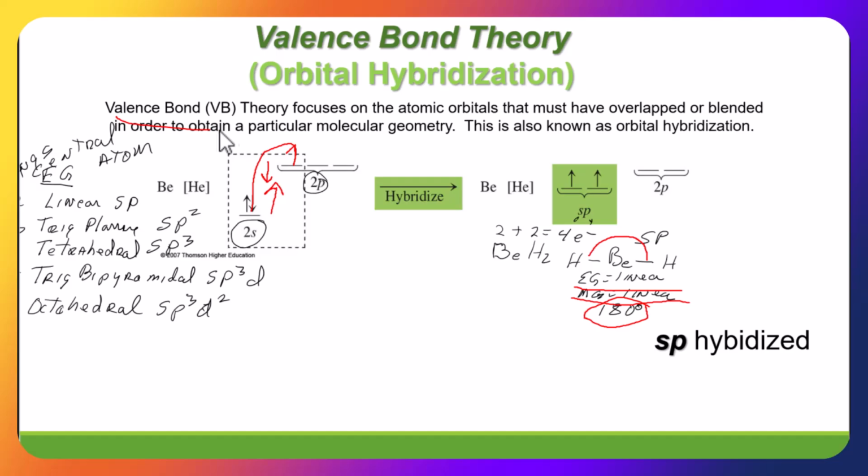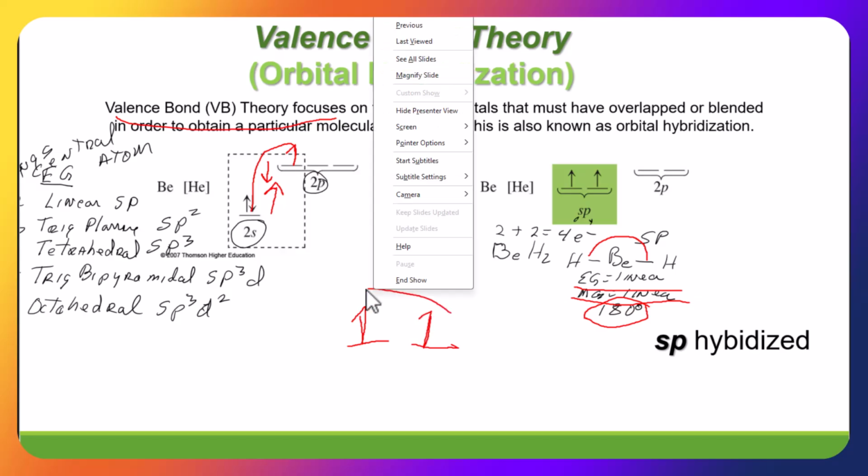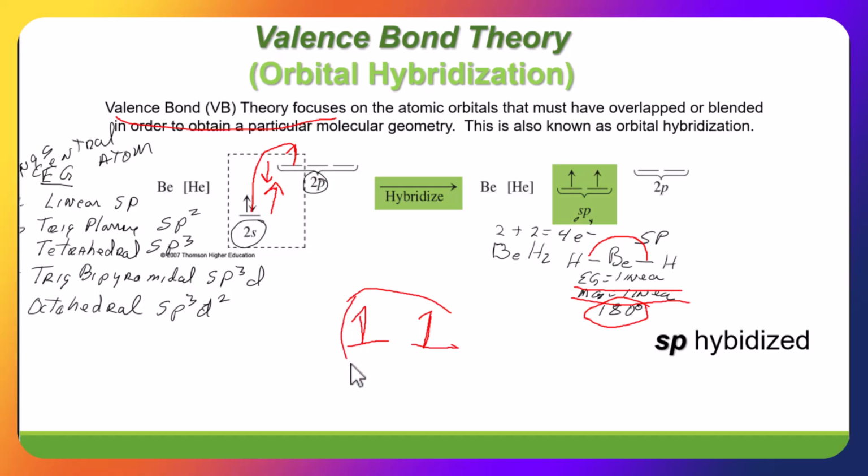All right, let's keep going with this. Remember, valence bond theory says that you need orbitals that have unpaired electrons in 2 orbitals. They're going to overlap those orbitals to give you an electron pair, and that will form your bond.